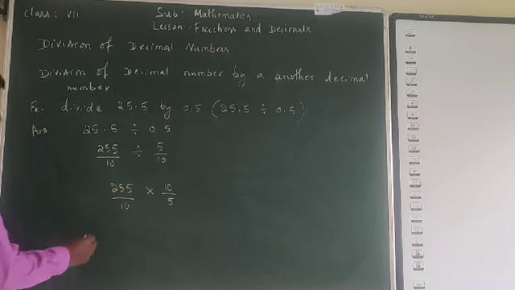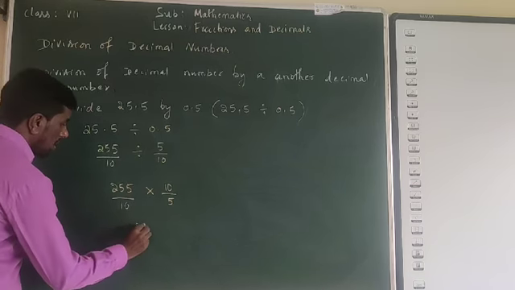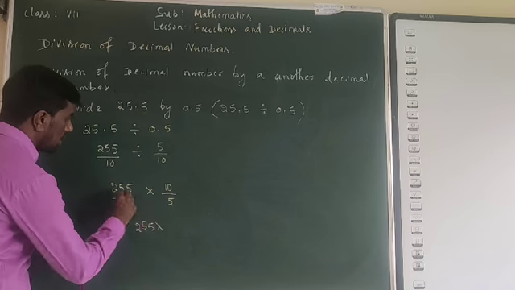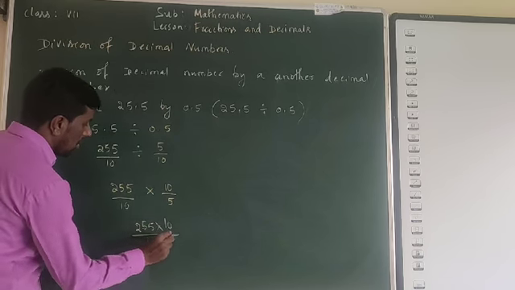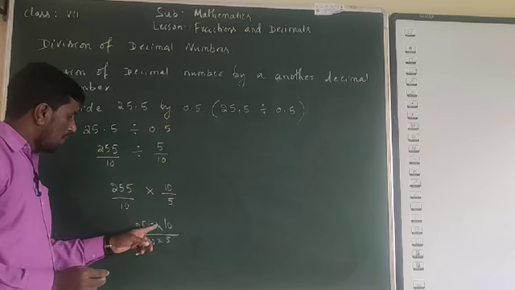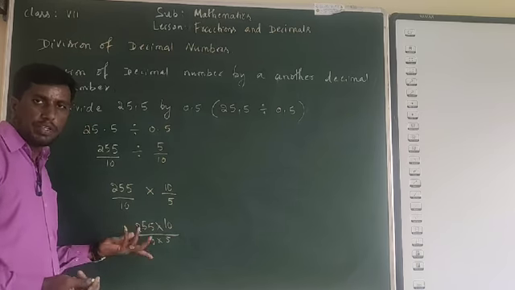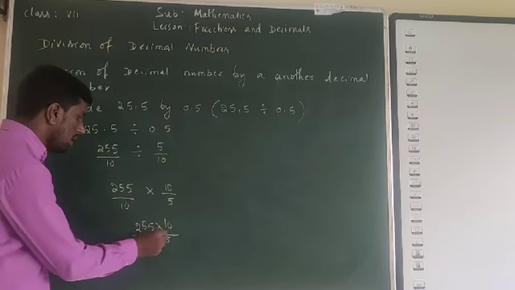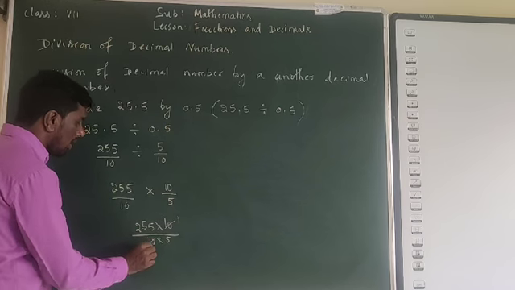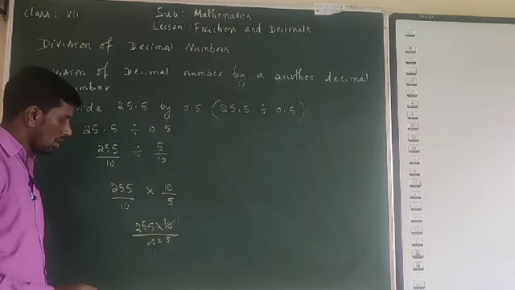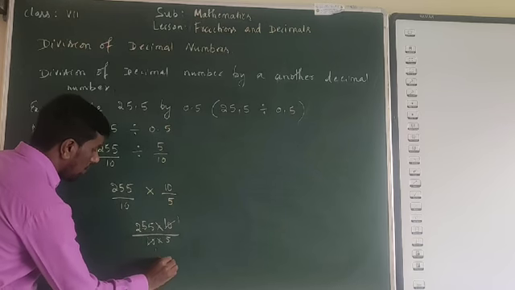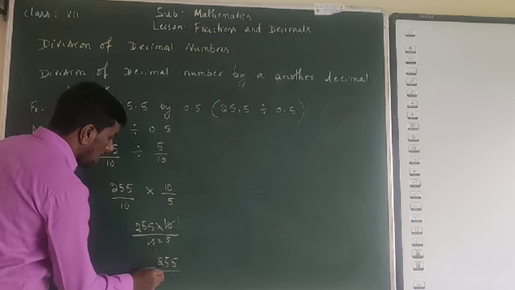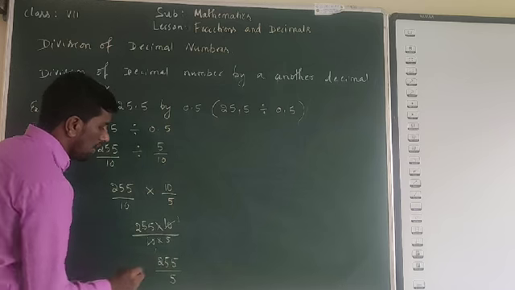Now we know numerator multiplication, denominator multiplication, is the multiplication of a fraction by a fraction. So 10 into 5. These two are the products, and these two are the products. Because I have the multiplication sign, I can cancel. 10 ones are 10, 10 ones are 10, they get cancelled. So what is remaining? 255 into 1 is 255 only. 5 into 1 is the denominator 5 only.